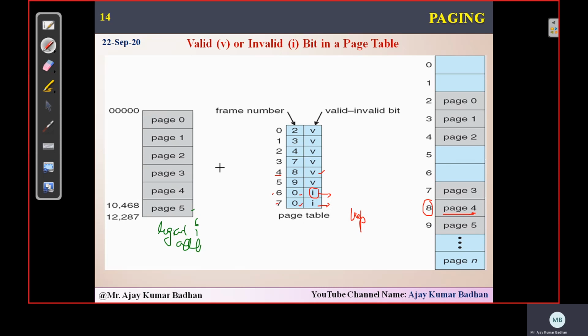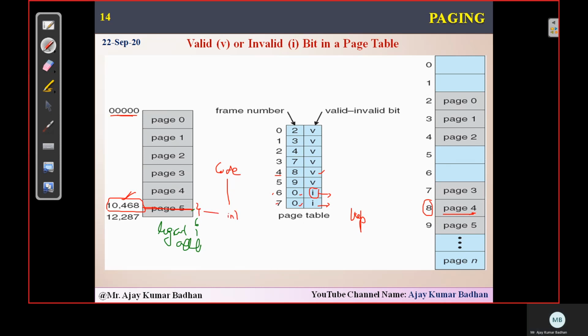Here he is giving a small example where you have a program which has only bytes till 10,468. From here to here only, you have the data. You have written some C programming code, and that code can access addresses from 0 to 10,468. When we talk about 10,468, what happens? It accesses only some portion of page 5, meaning page 5 is not fully utilized.